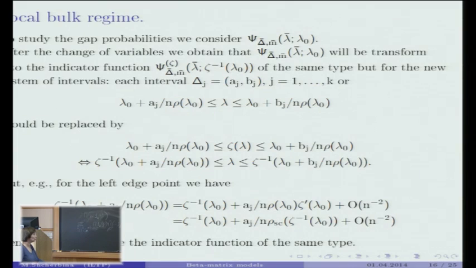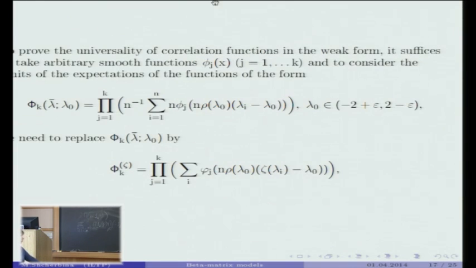And in the case when you consider the universality of correlation function, it suffices to consider the system of functions constructed like this. You take some family of smooth functions with compact support. You construct this scaling function, take a sum divided by n, and then construct the product.